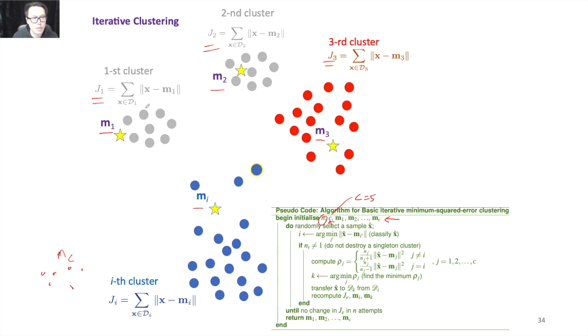We compute the distance as I mentioned before. Now, when we enter this line, we are going to randomly pick a sample. For example, this is the sample I pick; it could be any one.